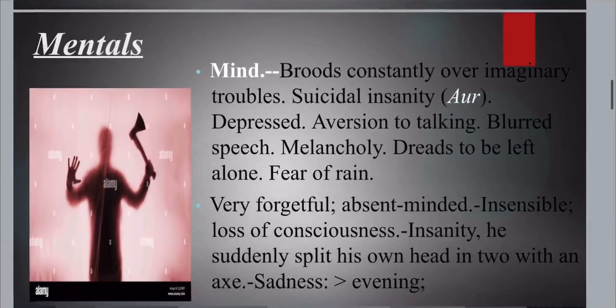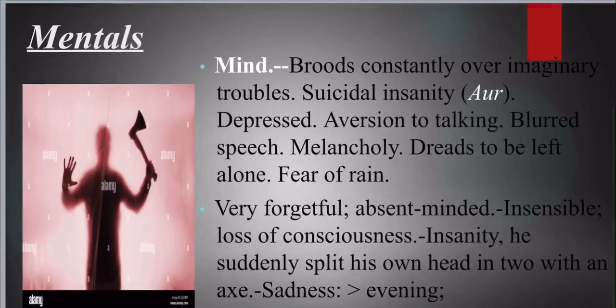Now let us move on to the mentals of Naja. Broods constantly over imaginary troubles. Suicidal insanity. Same goes with Aranea. Here the person thinks of imaginary troubles, like I am going to end up in a bad state, something wrong is going to happen to me.